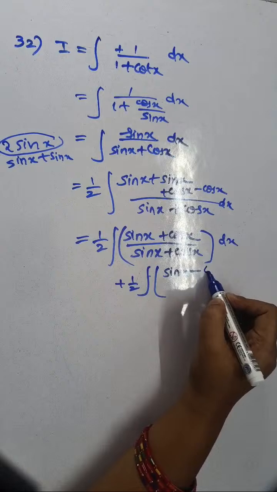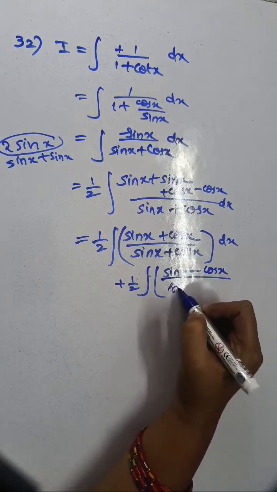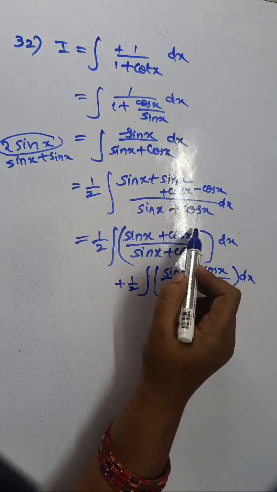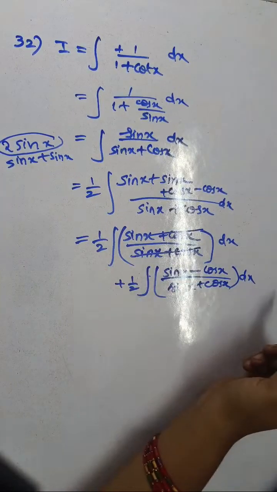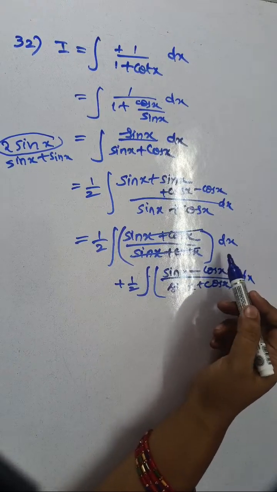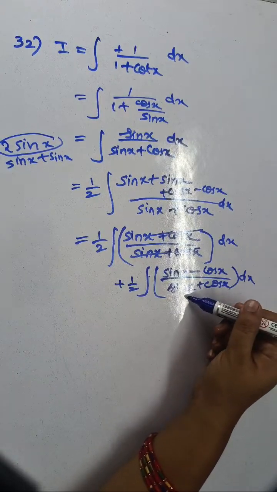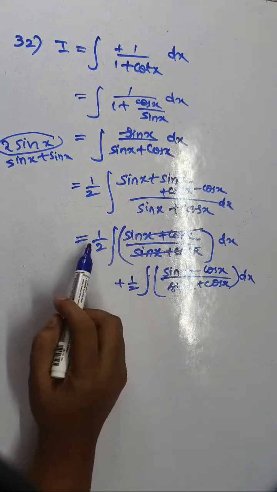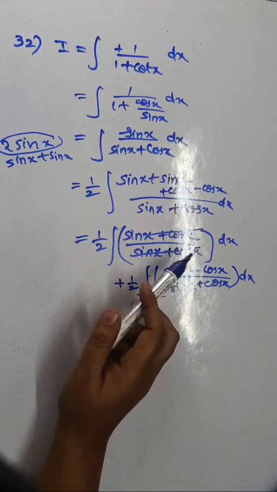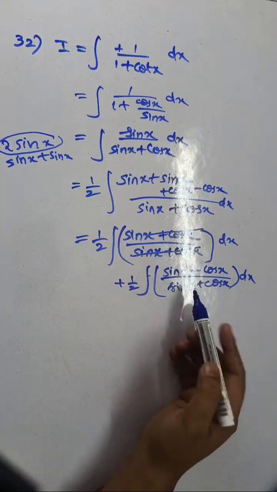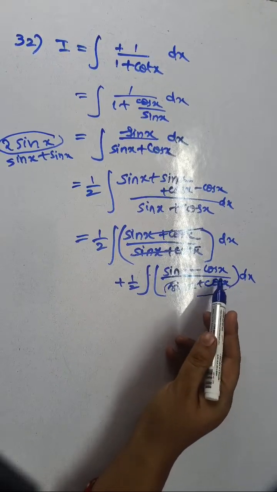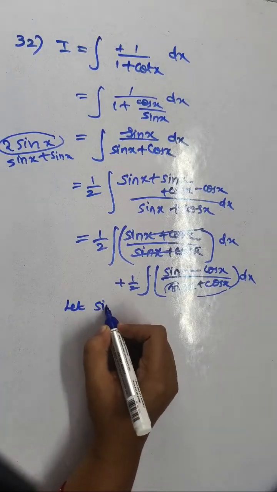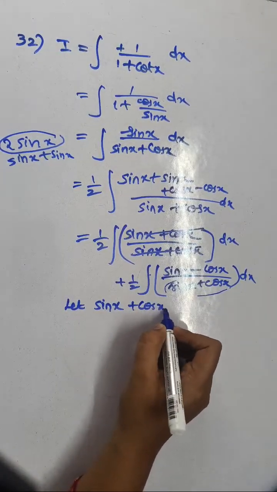Sin x minus cos x by sin x plus cos x dx. And here, since both the parts are the same, that gets cancelled. Straight away you can integrate dx. And for the second term, you have to use the substitution. So for the first term, it will be half into x, or x by 2. Here, take the denominator as t. So let sin x plus cos x be equal to t.